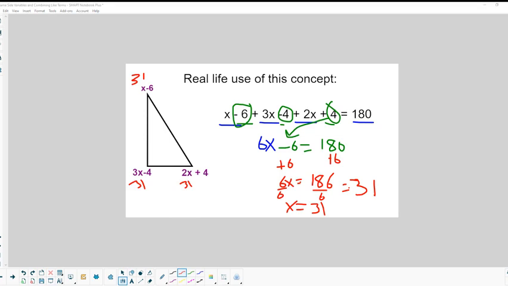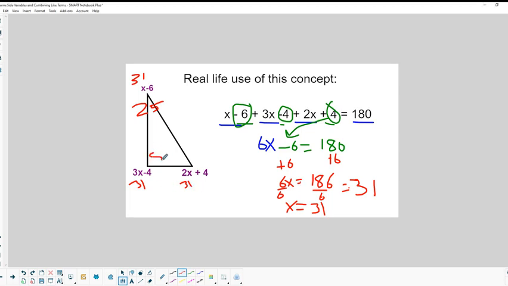So calculator, and let's bring that into the picture here. So 31 minus 6 equals 25. So this angle is 25. Okay, get our calculator back up here. 3 times 31 minus 4 equals 89.